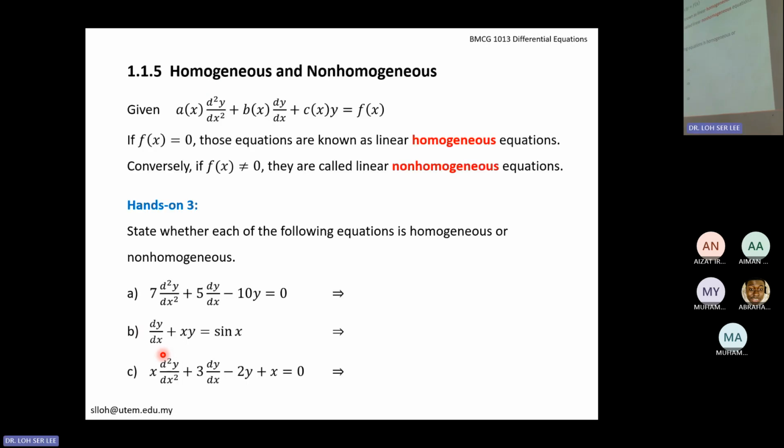Next one, we look at the homogeneity. Homogeneity means either homo or non-homo. The differential equation we display in this form, where the derivatives and the dependent variable stay on the left, and the term without the dependent variable stays on the right.